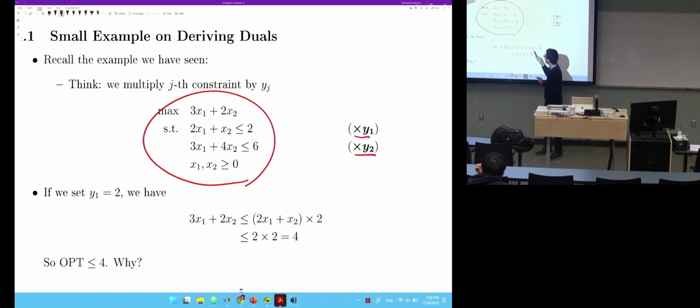The important thing is that this is at least the objective. The objective is dominated once you multiply the first constraint by 2.